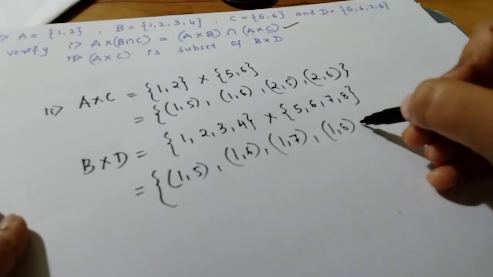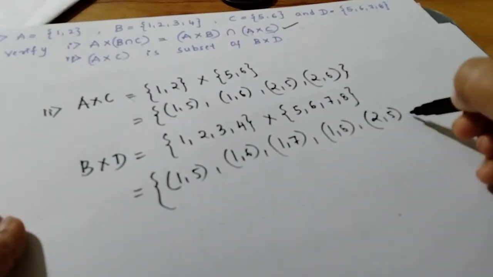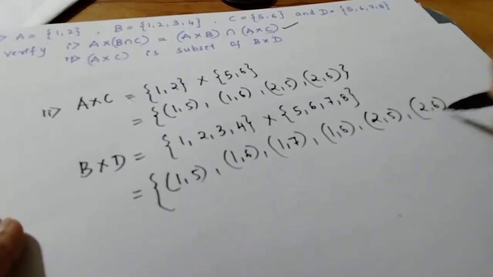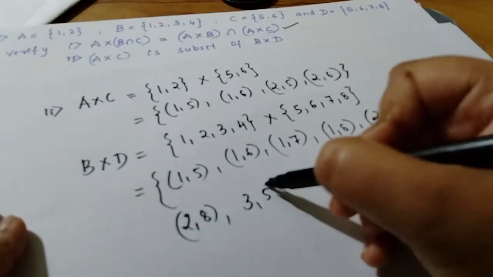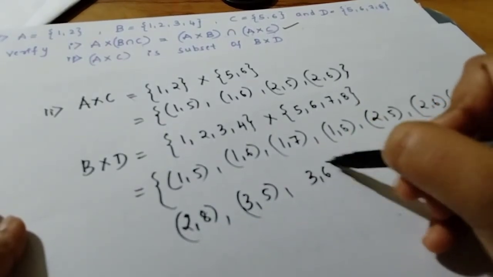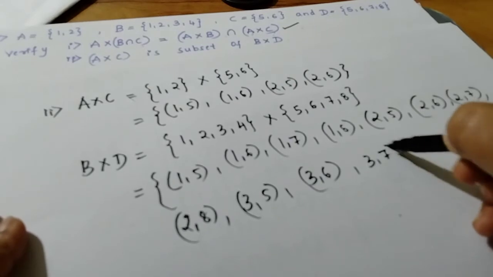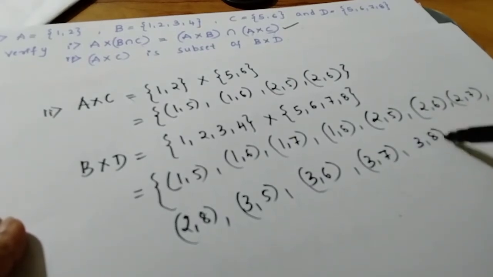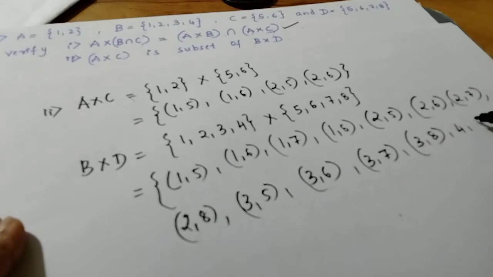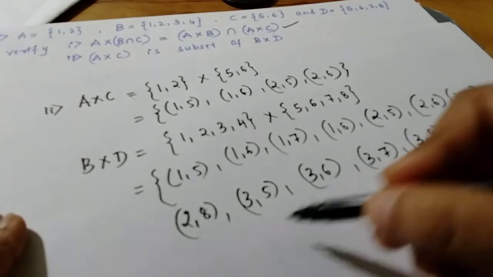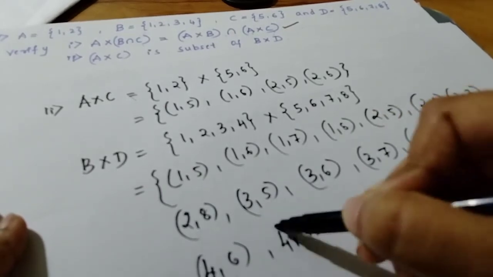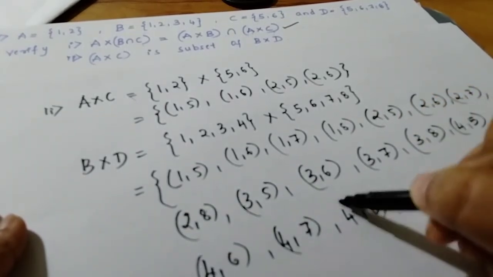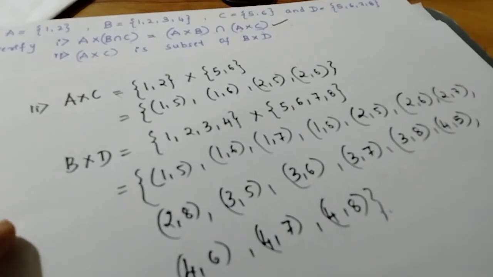Next the element 2: (2, 5), (2, 6), (2, 7) and (2, 8). Then (3, 5), 3 with 6, 3 with 7 and 3 with 8. Then 4 with 5, 4 with 6, 4 with 7 and 4 with 8. All the ordered pairs you have to write.